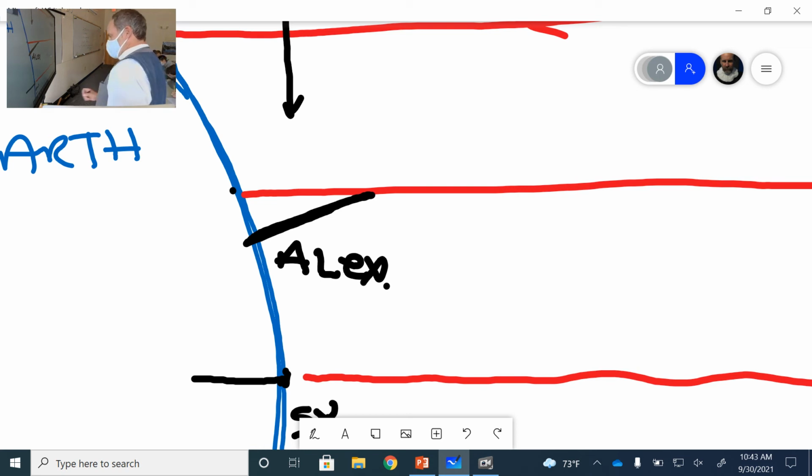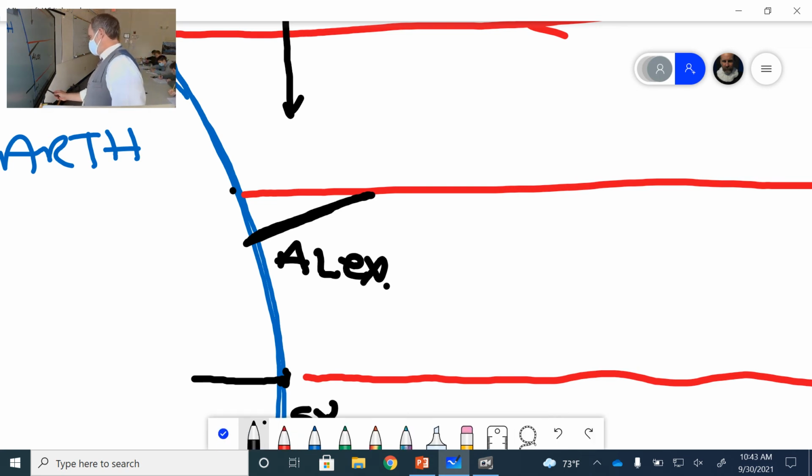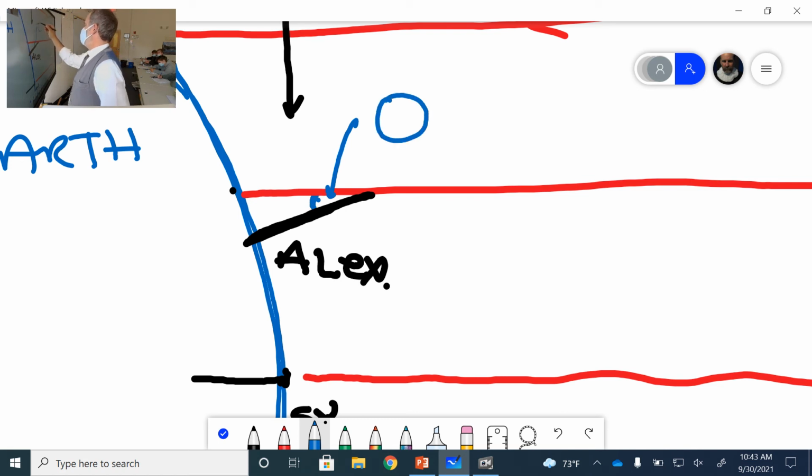And his claim, his insight, is that if you can figure out this angle right here, you can use that to figure out the size of the Earth. So what he did was he looked at this shadow right here, and he looked at the height of the gnomon, and he figured out what that angle was.